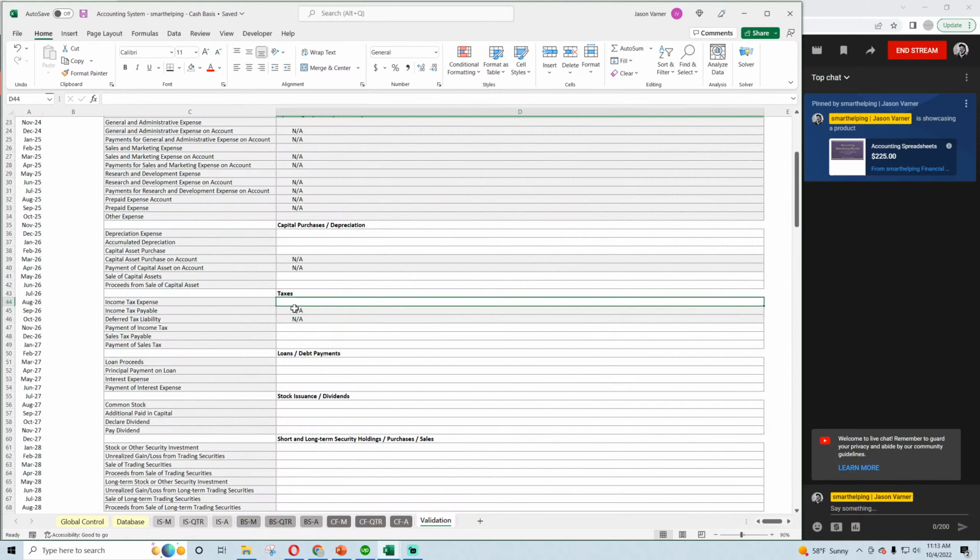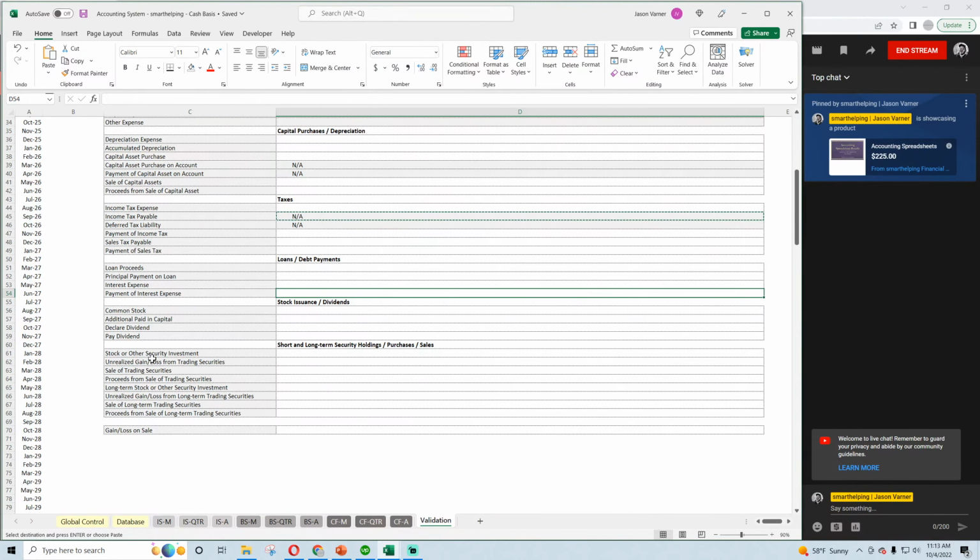let's think about that. I guess for cash basis, you just record when you send the money out. That's your income tax expense. So we'll have to look exactly at how that's going to work with cash basis. That's relevant. That's fine.